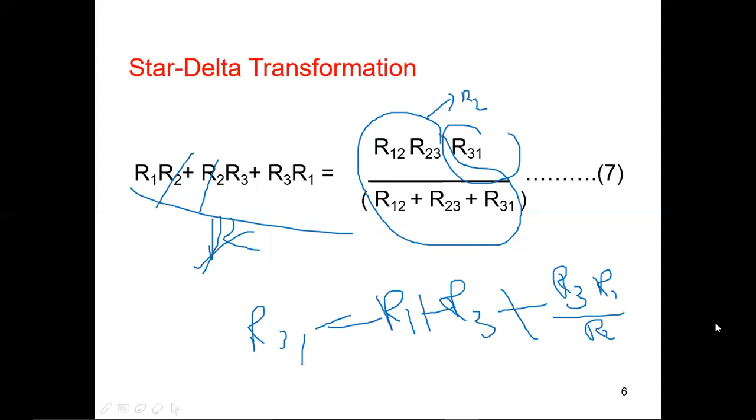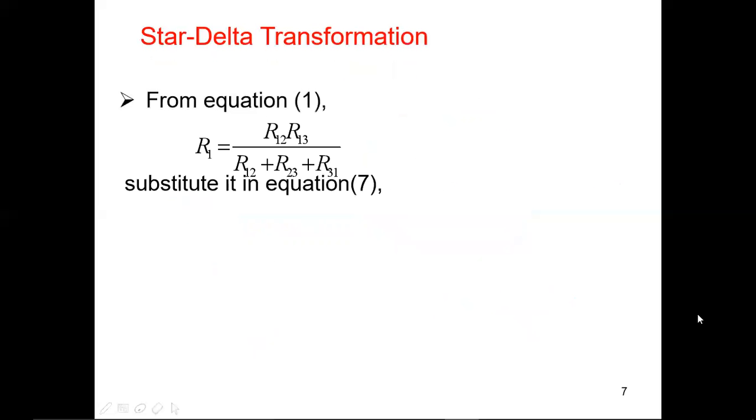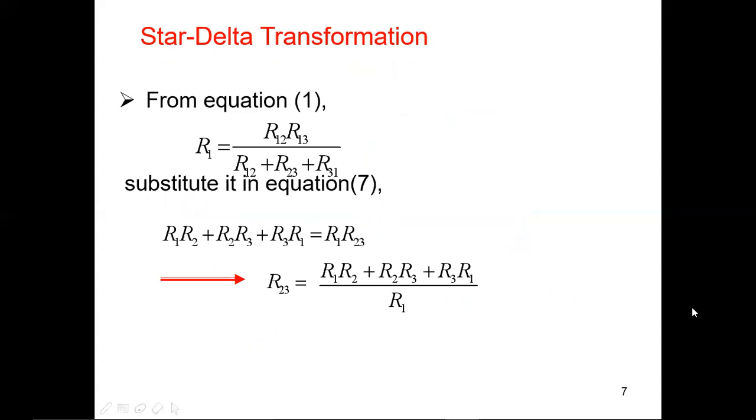The same equation I can get if I solve similarly in this mode. So R3 plus R1.